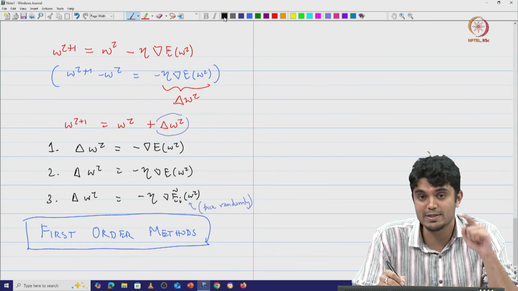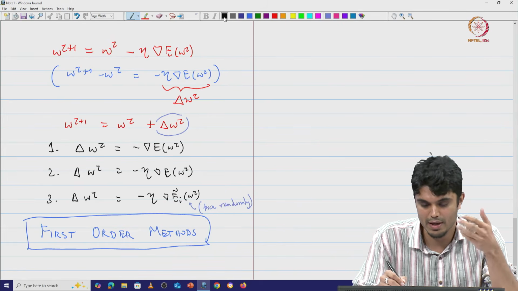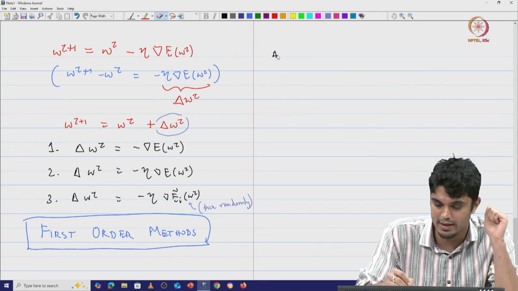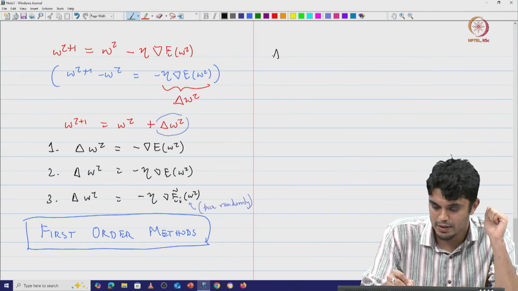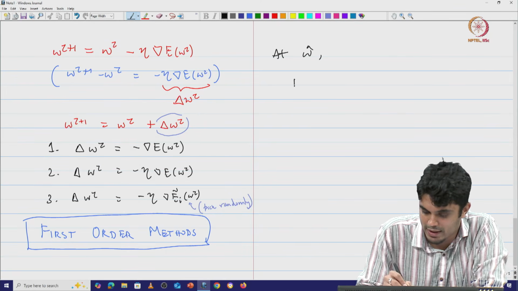Let's make the second order Taylor series approximation at omega hat.